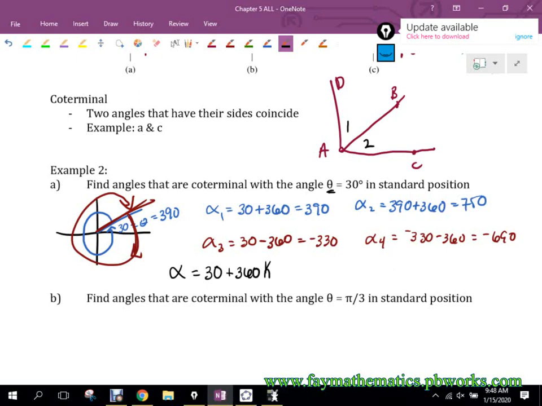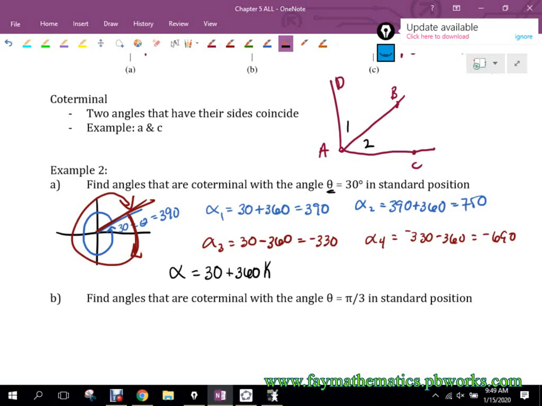K has to be either a 0, because that would give me 30, right? K has to be 1 or 2 or 3 or 4. What kind of numbers are those? Okay, whole numbers. I like that answer. Okay. But I also subtracted, didn't I? So with that equation, how can I make that minus 360? K would have to be negative 1, right?